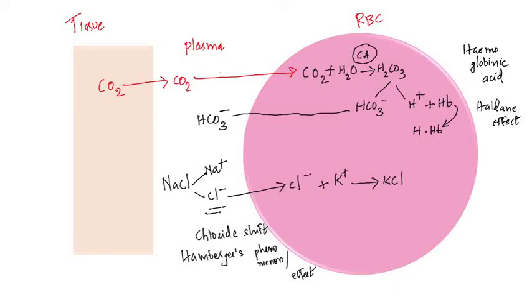Now let's talk about the bicarbonate ion that has migrated outside of the RBC, into the plasma. So here is a bicarbonate ion. Once it has moved out and reached the plasma, it is going to combine with another positively charged ion. Which positively charged ion is present here? That is Na plus, sodium ion.